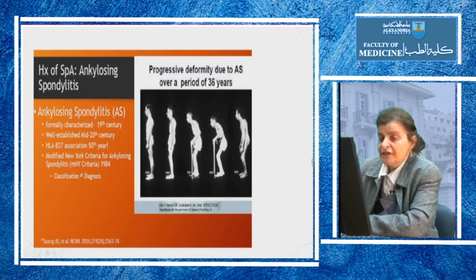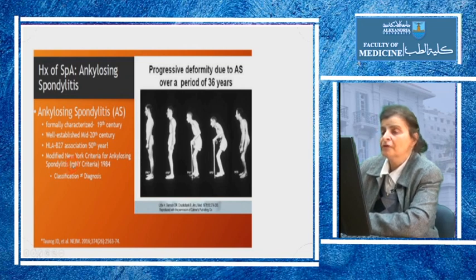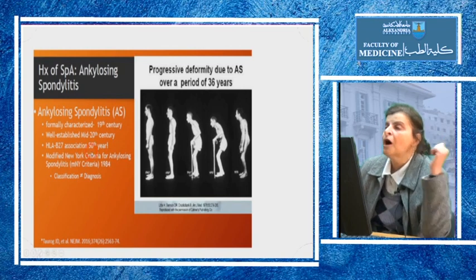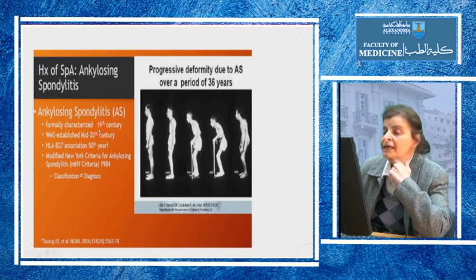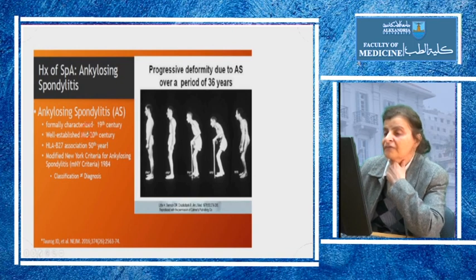When we go back into the history, we will see that previously we just used to think that spondyloarthritis was ankylosing spondylitis, which is the most severe form of what we know now as radiographic spondyloarthritis. It was established many, many years ago in the 19th century, and further well established in the mid-20th century.